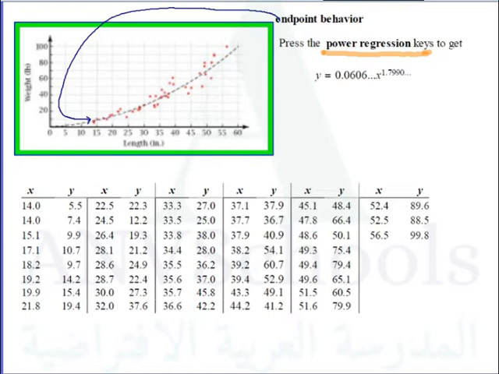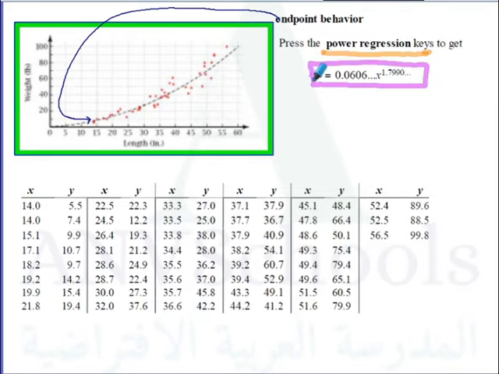In this case, we are choosing whether this scatter plot is either power or exponential. We first press the power regression keys to see if this scatter plot could best fit the power regression model, and the grapher will give us this formula.